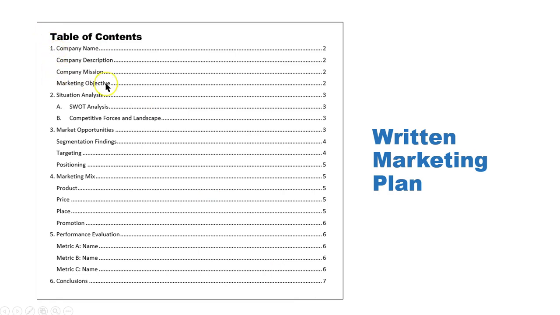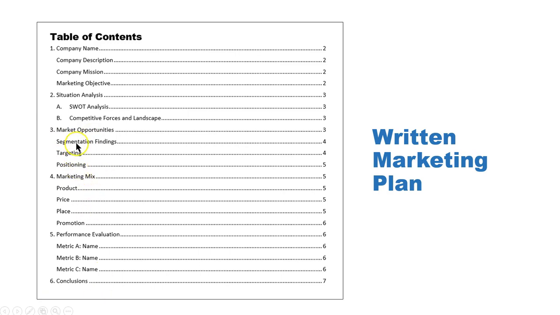So step 1, you'll talk about the company's mission and objectives. Step 2, you will perform a situational analysis. Step 3, you will go through the STP process so that you can identify marketing opportunities.